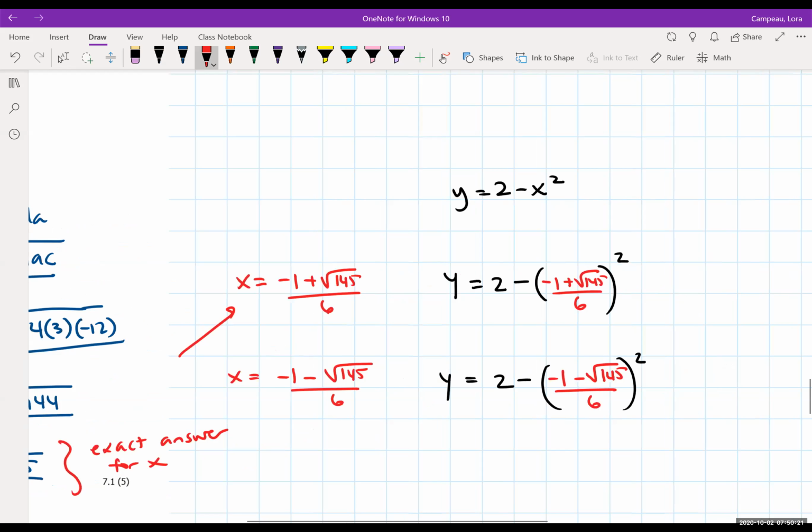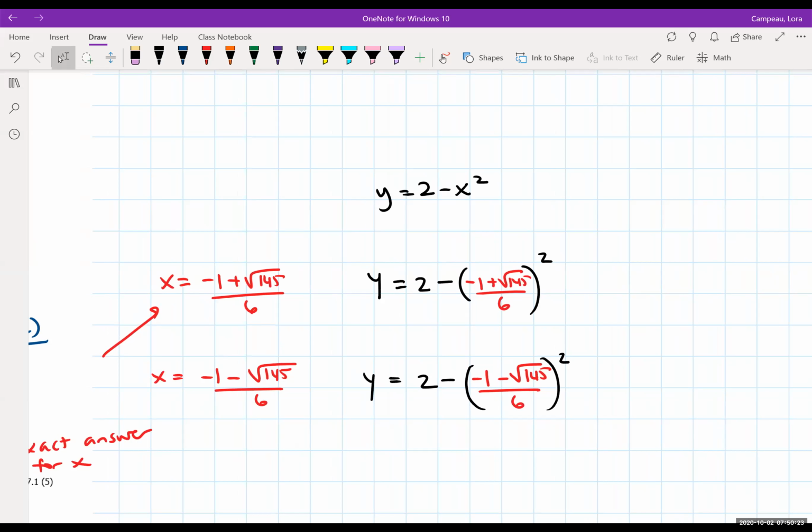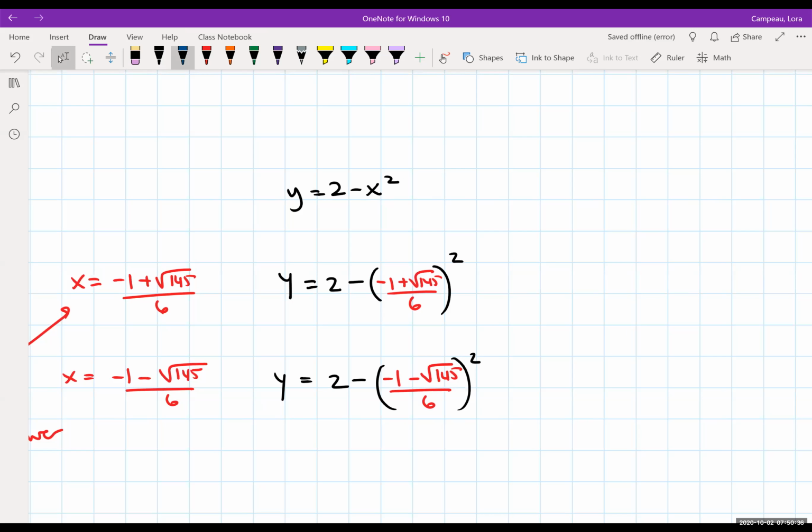So if you were to write your answers in ordered pairs, remember, you can't just circle them randomly and tell us x equals this, y equals this. We need to understand who the corresponding values are. So we need to see what those points are if you want to write your ordered pair or your actual solutions. I'll write this in blue.